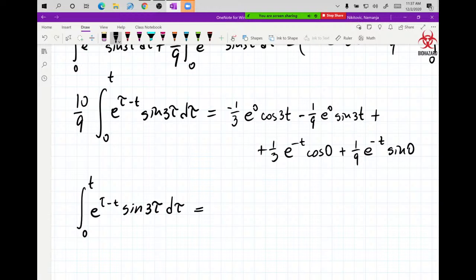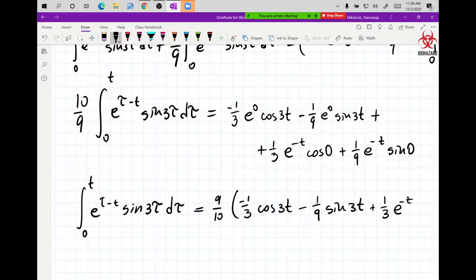Okay, so e to the 0 is 1. We get negative, oh, I forgot to multiply 9/10. And then you get your negative 1/3 cosine 3t minus 1/9 sine 3t, and then plus 1/3 e to the negative t, and then cosine of 0 is 1, and the sine of 0 is 0 kills the whole term.